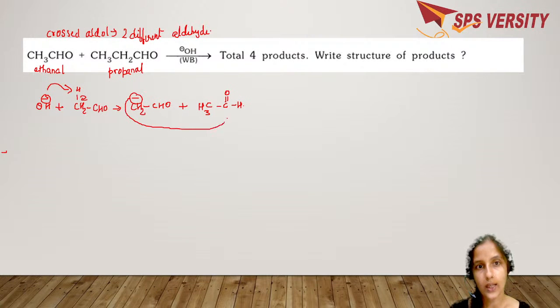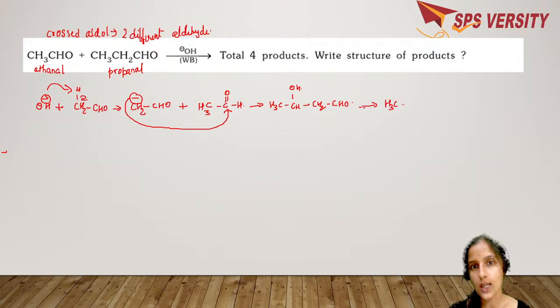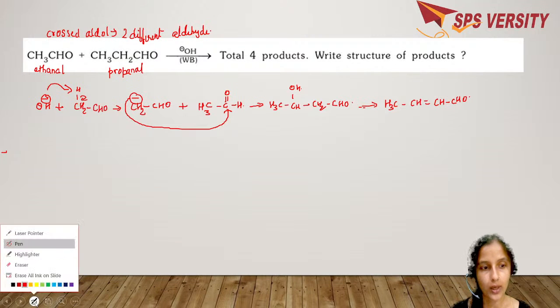Now this will go and attack here, and this will shift over here. So you get CH3 C OH H and a CH2 CHO. When you heat it, OH from here will go, H from here will go, resulting in the formation of CH3 CH double bond CH CHO. This is one of the products. I'll change the ink for all the products.